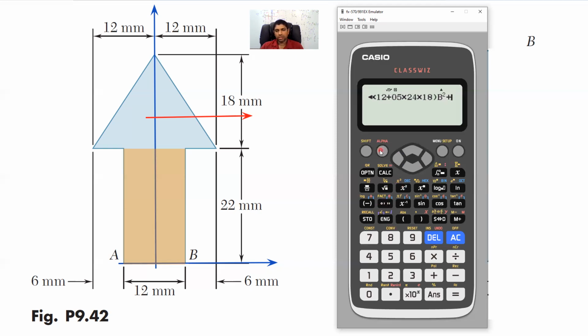Plus an unknown value, we can put x, then press the solve key, solve for x.